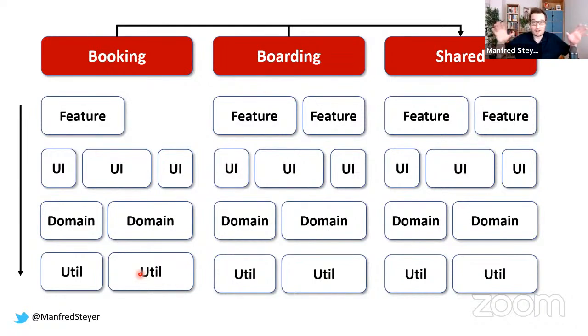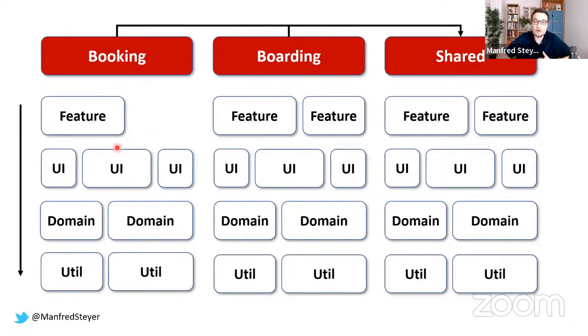I'm using it with a lot of customers. It has several advantages. One advantage is there is less discussion about where something goes and where something can be found. Another advantage is we can easily introduce access restrictions, those module boundaries preventing that everything is interconnected with everything else. Here we could say one layer is only allowed to access layers below, and we could say one domain is only allowed to talk to its very own libraries and to shared libraries.